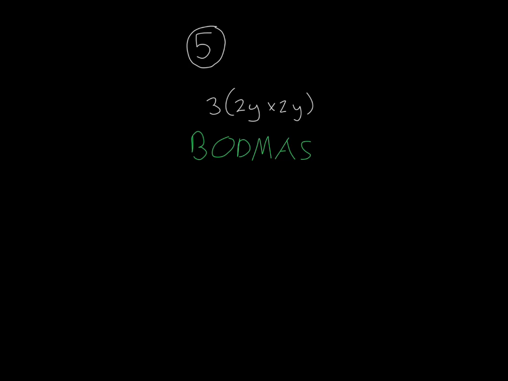So this means that we need to work with our brackets first. This means that we are going to perform all the operations inside the brackets first before we carry on with anything else. And inside our brackets, we can see that we have got 2y times 2y.